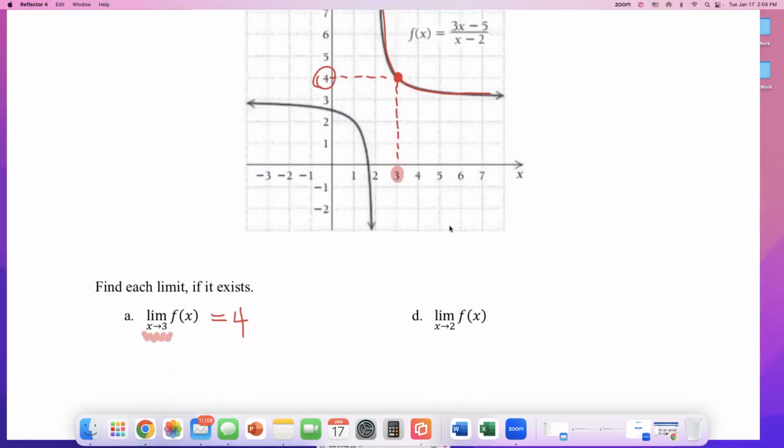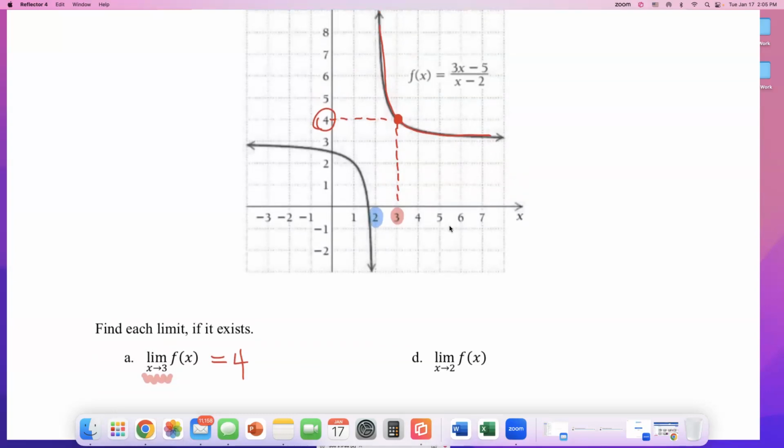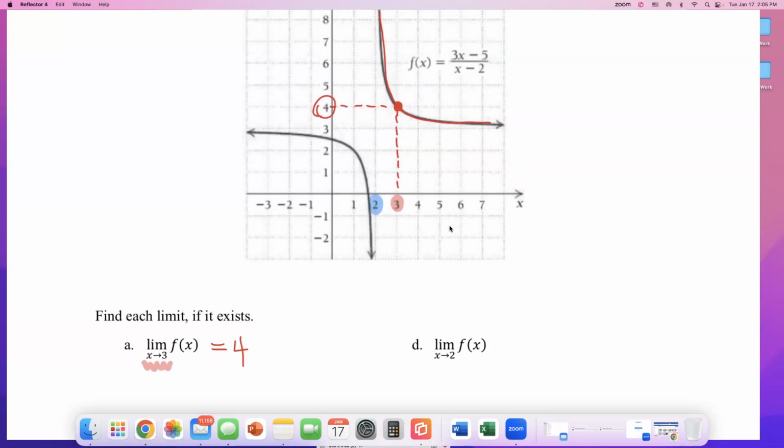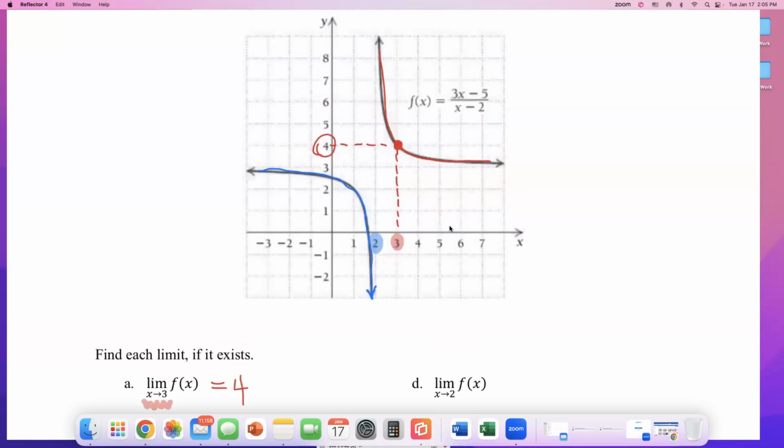So where is 2? 2's right here. So I'm going to try to go to the left side of this graph, somewhere here, and I'm going to try to get to 2. Oh, look. As I try to get to 2, the graph is going straight down, right?